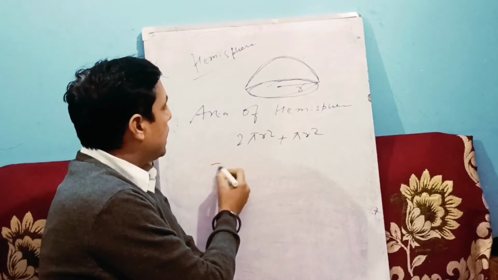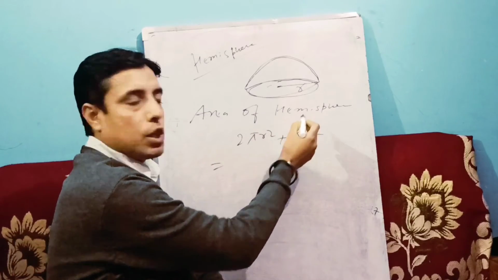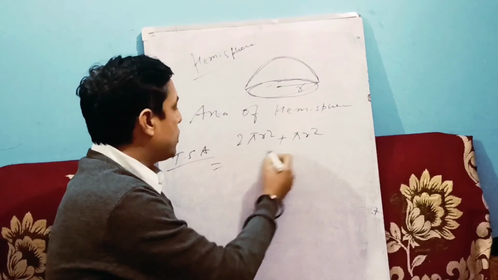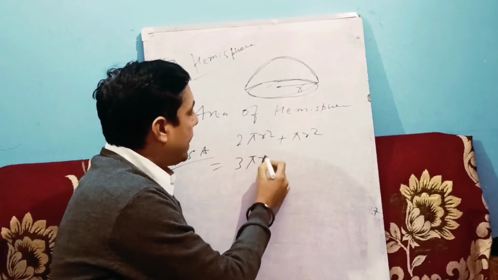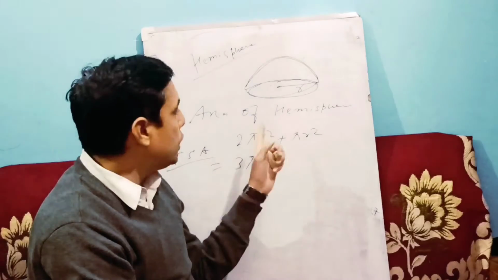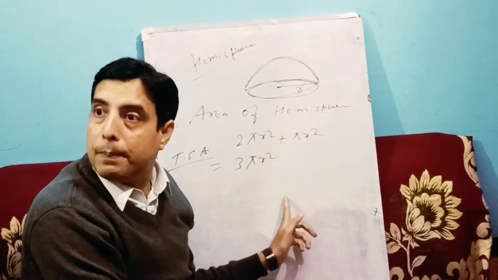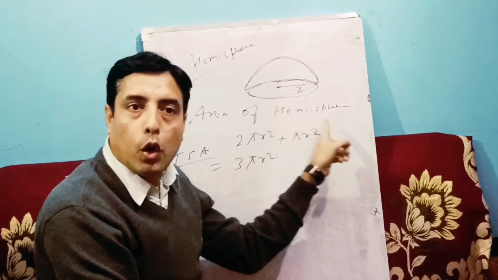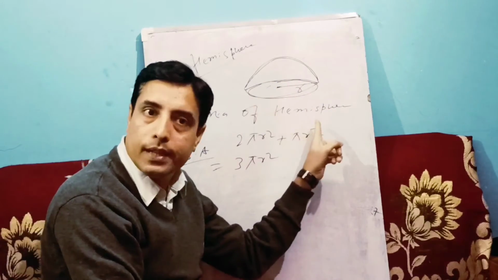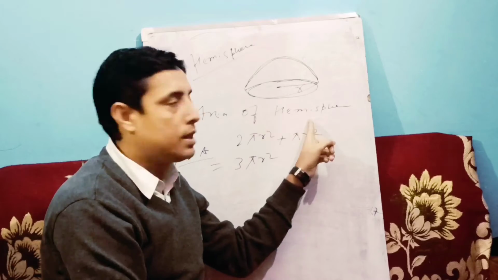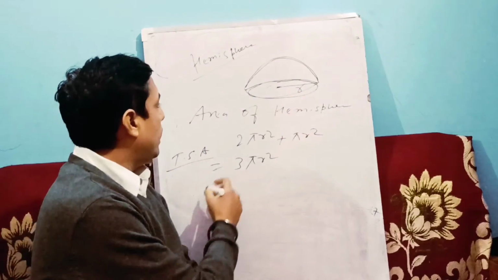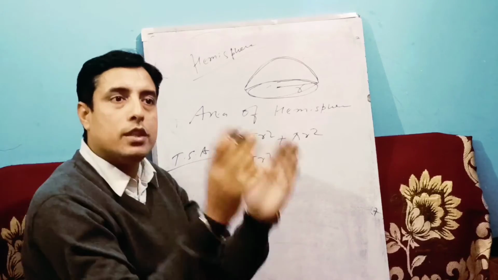So the total surface area of the hemisphere is equal to 3 pi r square, not 2 pi r square, because this base is also counted. This is how you calculate the area of the hemisphere.